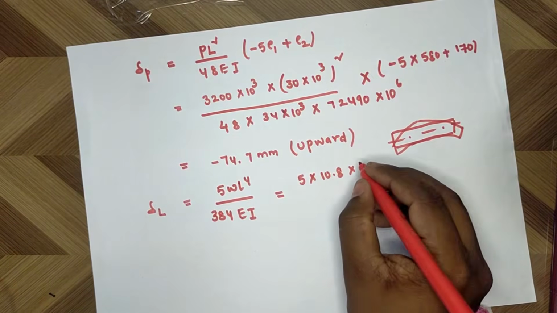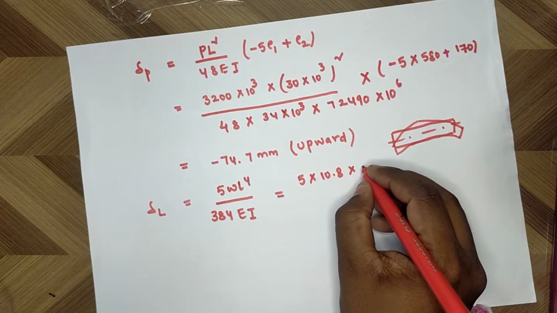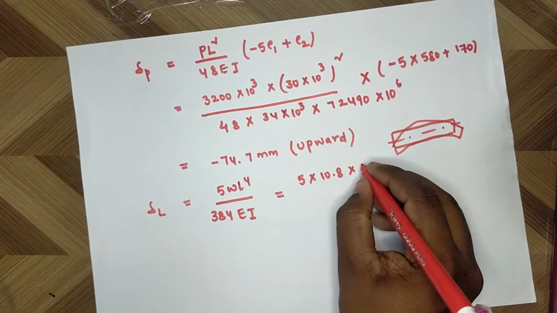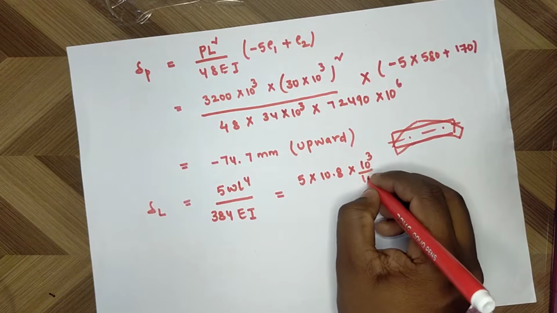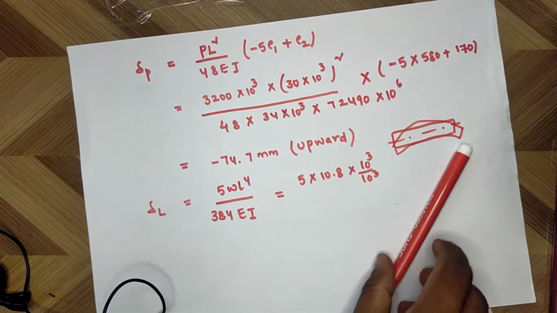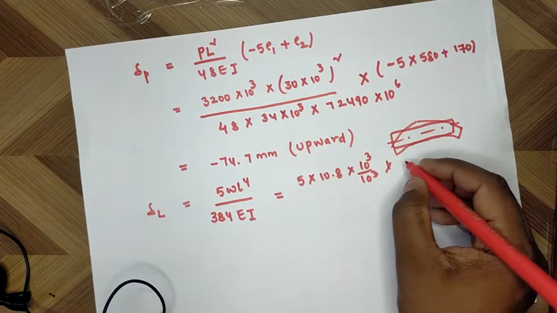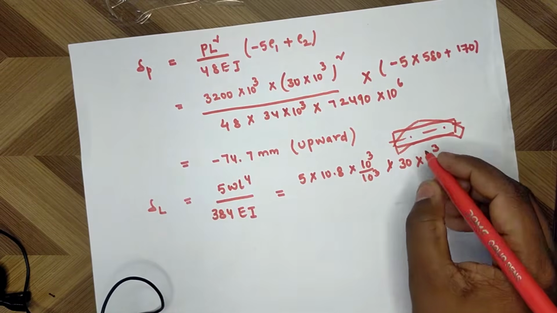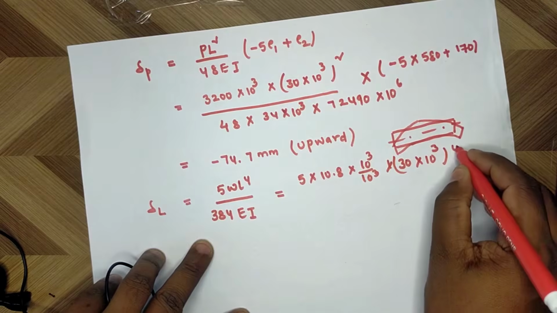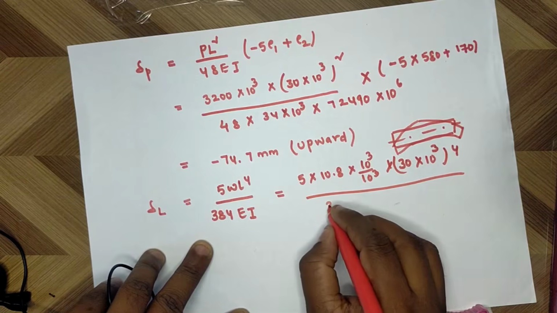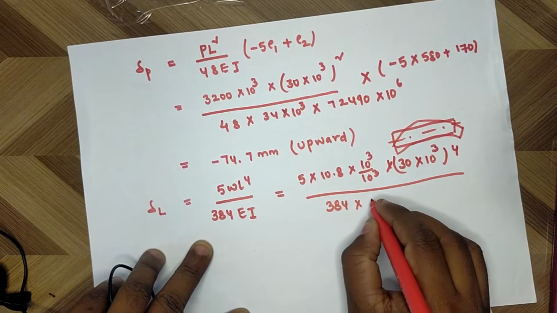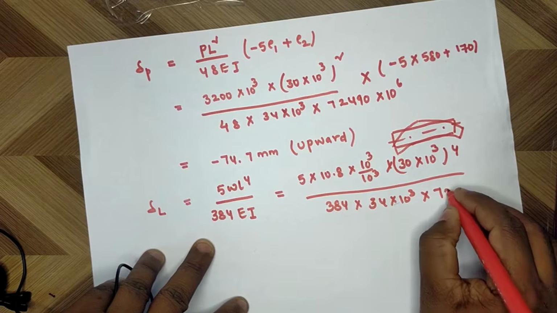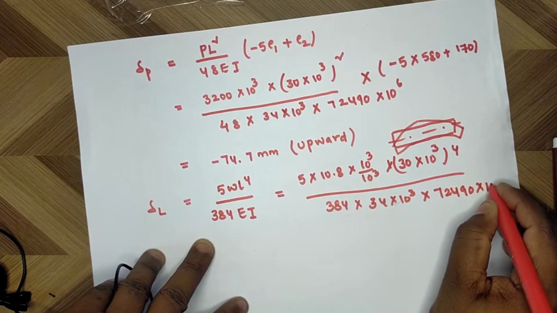10.8 into, converting kilonewtons into newtons and meters into mm, 10 cube by 10 cube, right? Length is given as 30 meters, 30 into 10 cube whole power of 4, divided by 384 times E value 34 into 10 cube multiplied by 72490 times 10 power of 6.